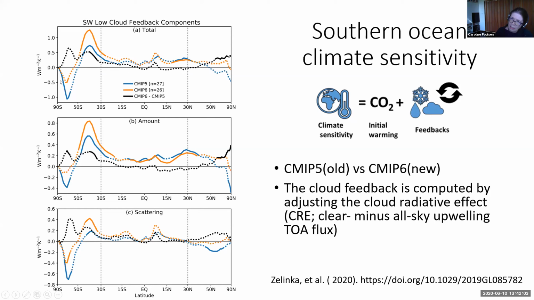So the solid lines are showing where all the models are agreeing and the dashed lines where they're disagreeing. So there's still quite a lot of uncertainty in this estimate as well. Okay, but this is one of the main reasons why this climate sensitivity has increased in this new model comparison.